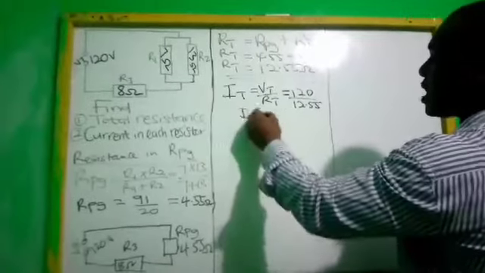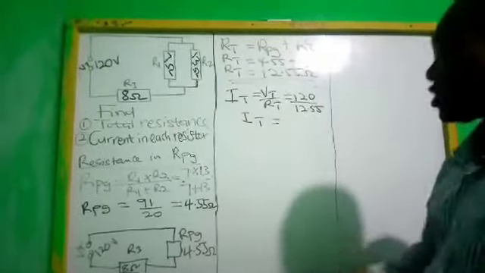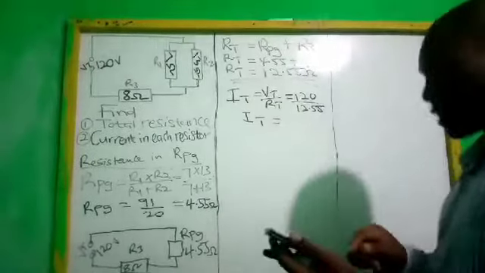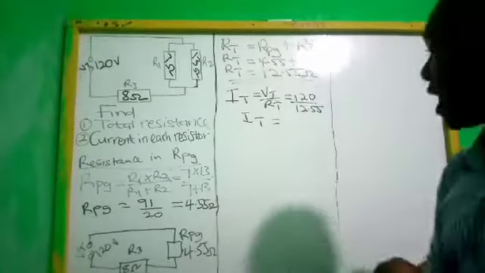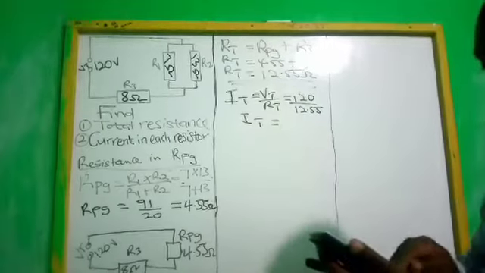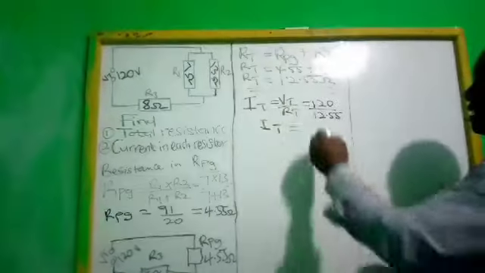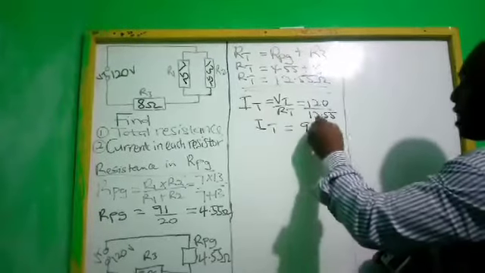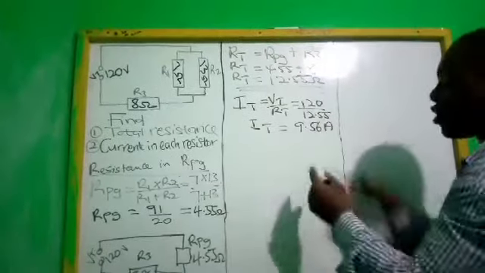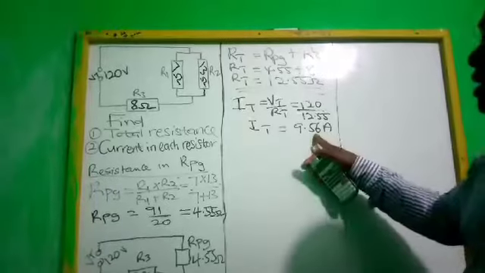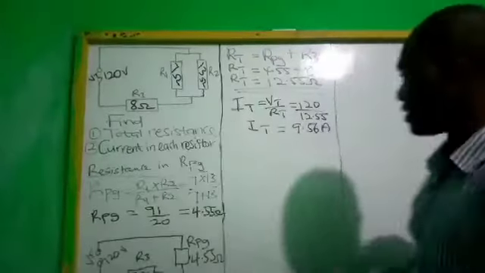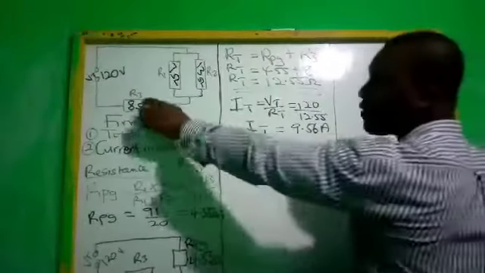So our total current becomes 120 divided by 12.55, which is 9.56 amps.